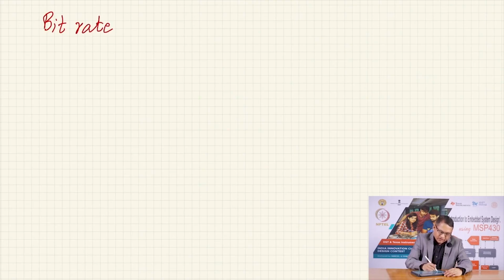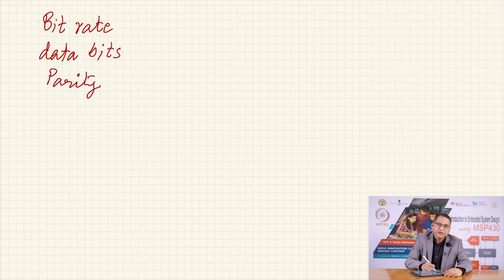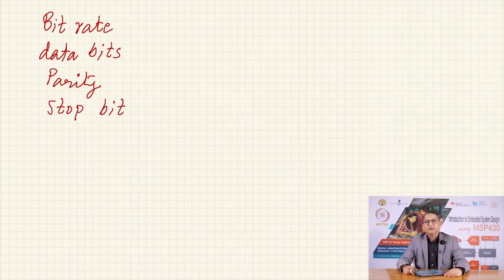Then the second value is the number of data bits that you want to transmit. Then the information about parity, and the last is the stop bits. There is no option of specifying the number of start bits. The start bit is fixed and it is only one start bit per packet transmission.